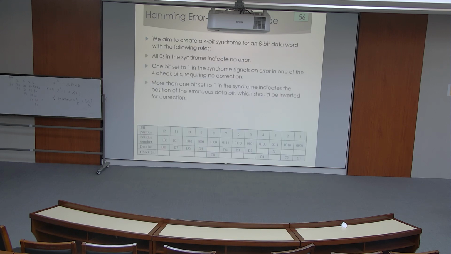Now, we have 12 bit positions because we have 8 plus 4. Now we need the position number, which is the binary representation of the bit position. We have the data bits, then we have the check bits as well. So we need to calculate C1, C2, C4, C8.